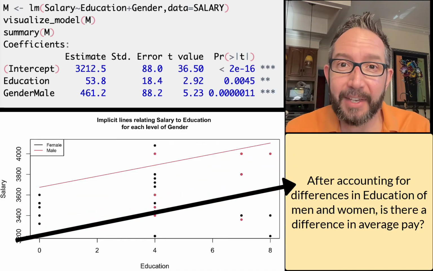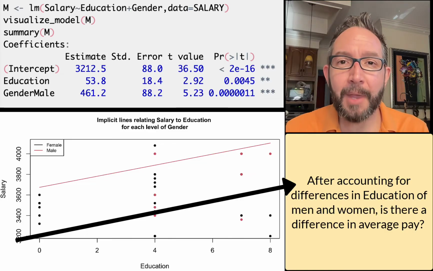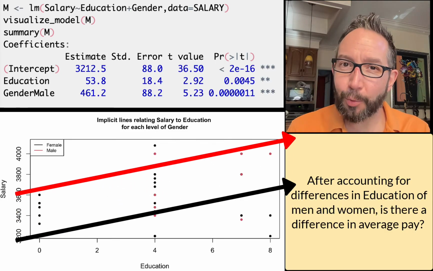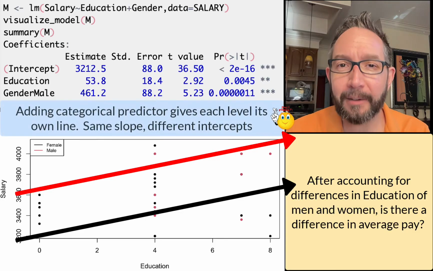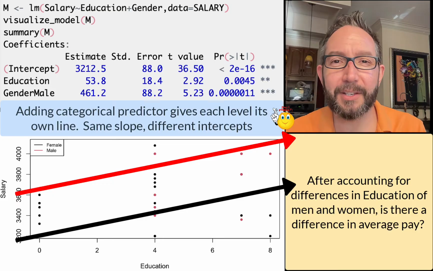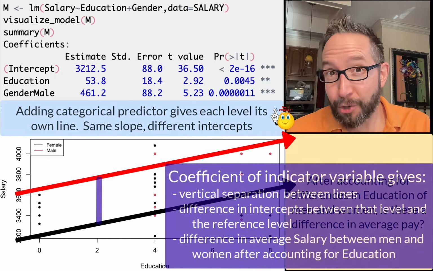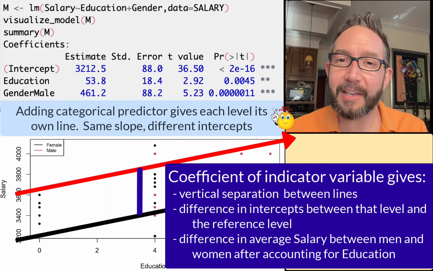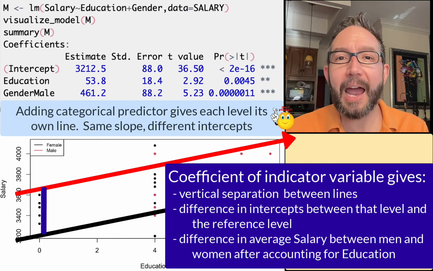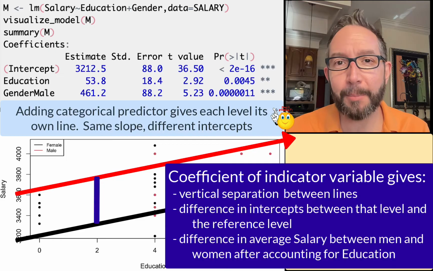And when we just have the categorical predictor in the model, what we have is a constant offset between those two lines. Those two lines are parallel, meaning they would have the same slope. The coefficient of education would be the same for both of them, but they're going to have different intercepts. And that separation between the lines represented the difference in the average salary between men and women after we accounted for other predictors in the model.